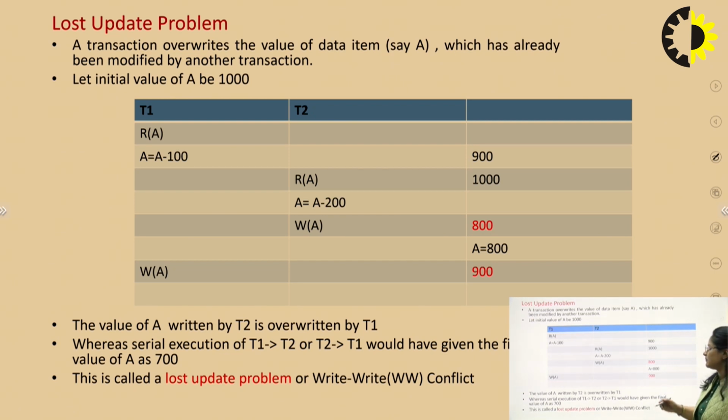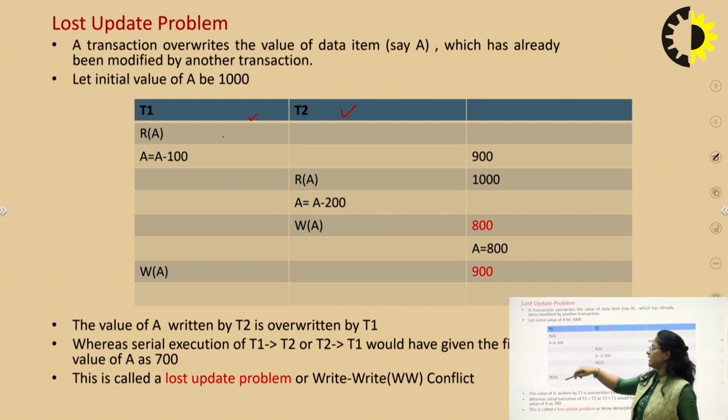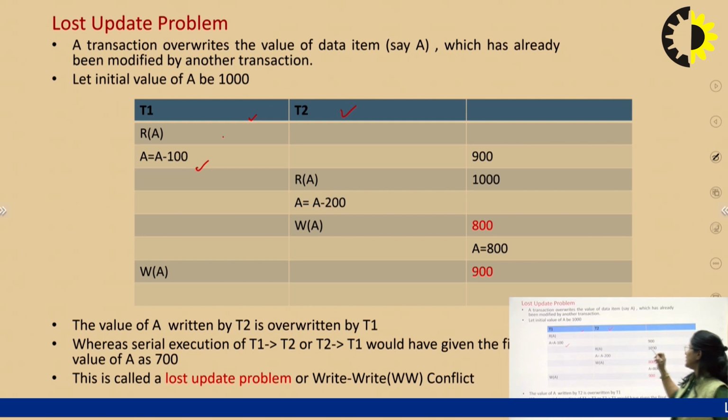We can see with an example. There are two transactions, T1 and T2. T1 is reading the data item A and updating it by debiting 100. Earlier A was 1000; after deducting 100, it is now 900.